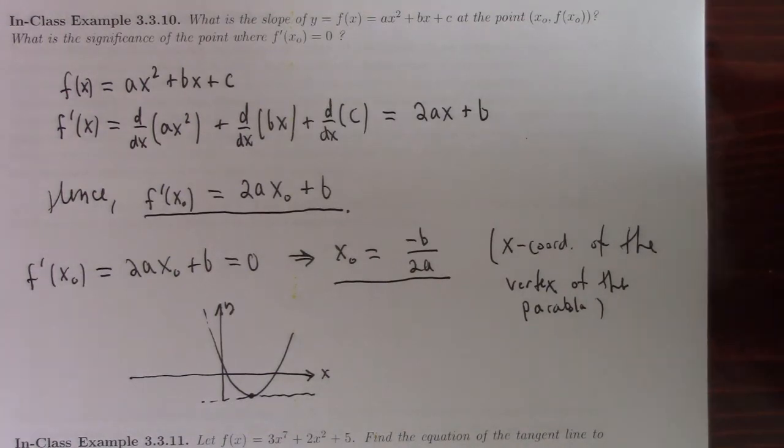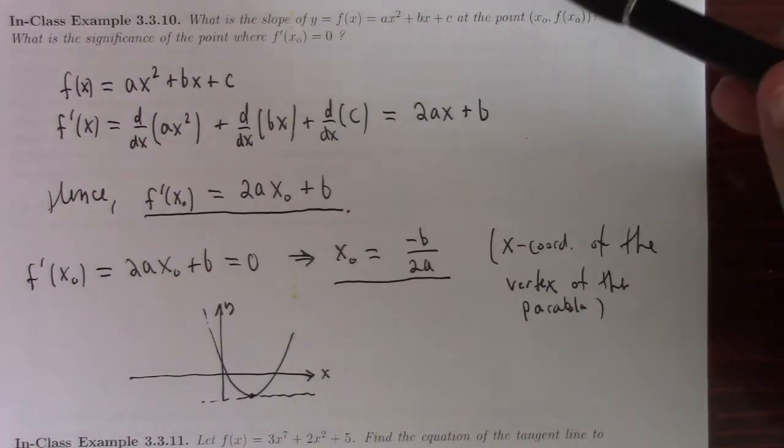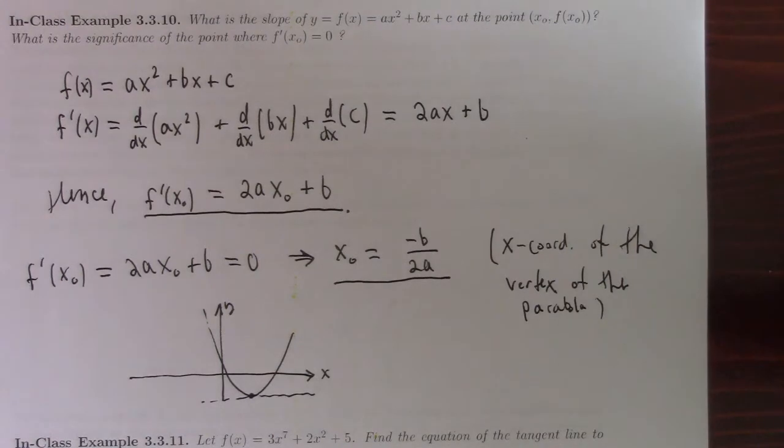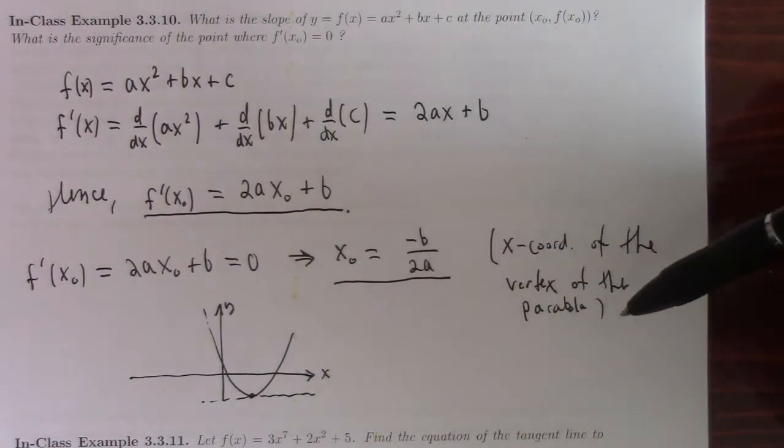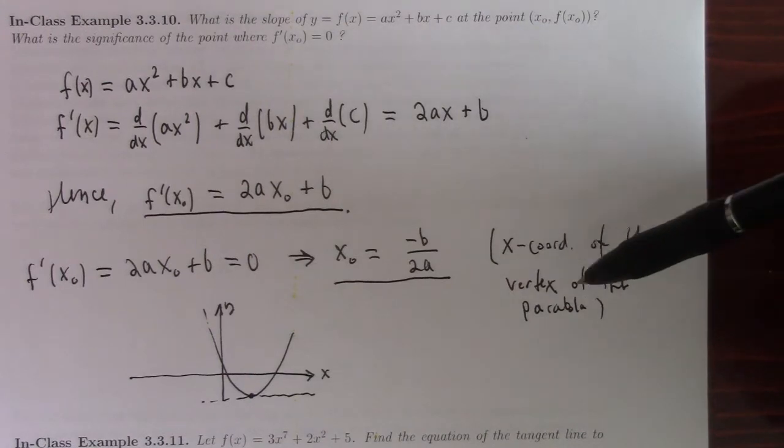So yeah, the significance is if we set the derivative equal to 0, we're going to find turning points in the graph. And generically speaking, those are places where we could have a minimum or maximum in the function looking forward. Now this particular one, though, I recognize from classical geometry and previous coursework that, well, that's the formula for the x-coordinate of the vertex of the parabola.